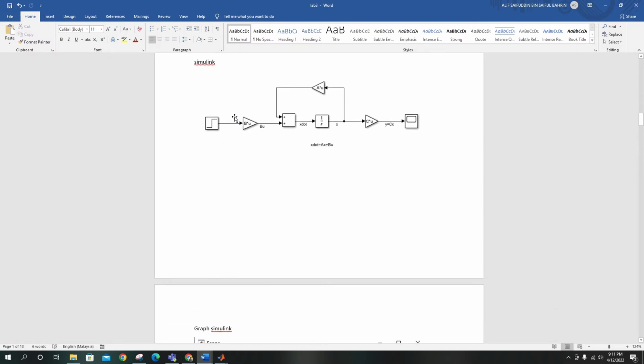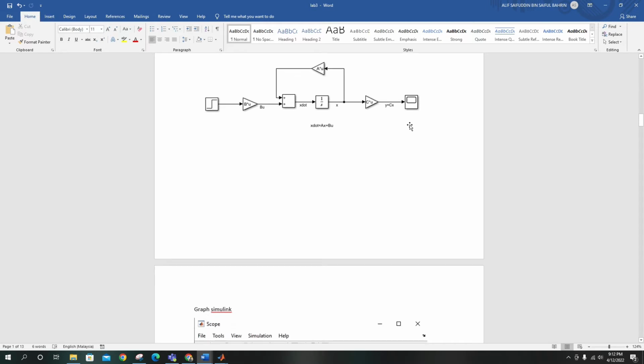After that, we created a Simulink model with a source, gain B times U, add, gain A times X, integrator 1 over S, and gain C times X, which is Y equals CX, and a scope.